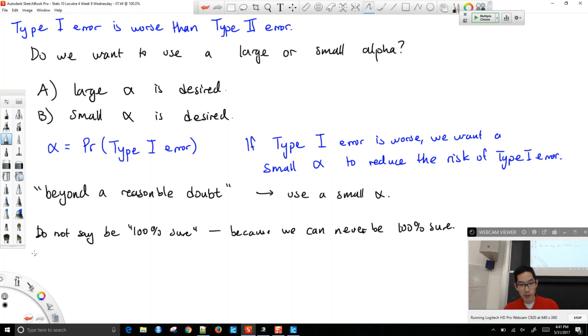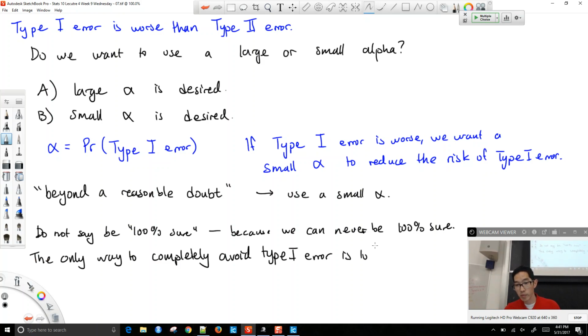So the only way to completely avoid type 1 error is to have alpha equal to 0. But if alpha is equal to 0, you will never reject the null hypothesis.